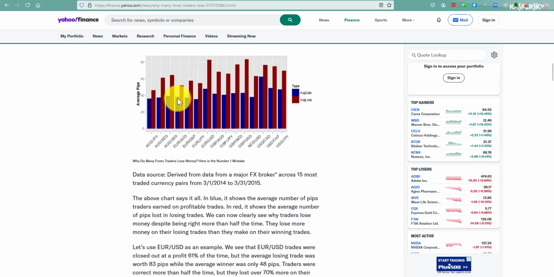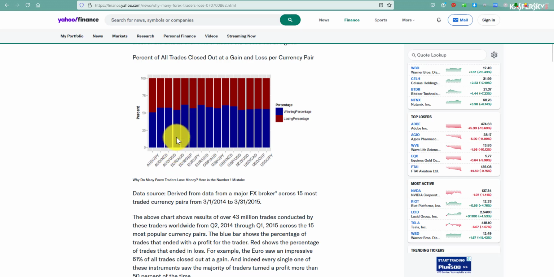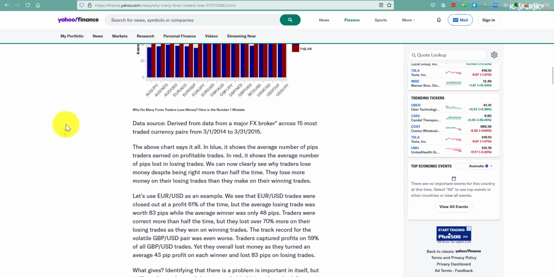So the average winning trade on the Aussie is about 39 pips, and the average loss on the Aussie is about, I don't know, 47 pips. So 47 pip losers and 39 pip winners, something like that, right? And then what's the win rate on the Aussie? The Aussie win rate is right here. It looks like the win rate's about 53%, somewhere around there in terms of this study, right?